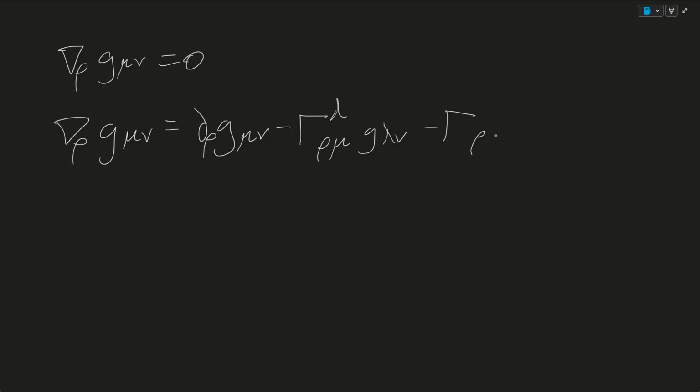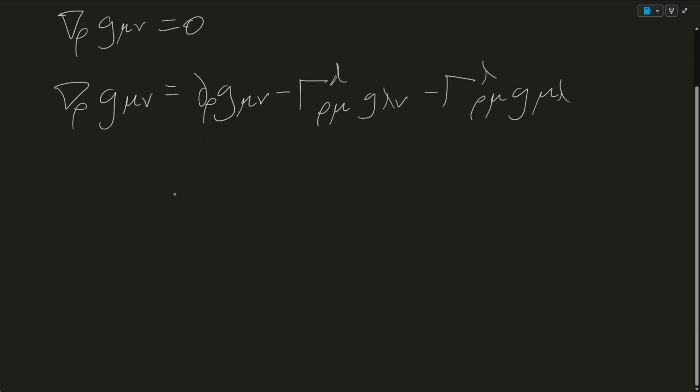Actually, it's the same symbol, gamma super lambda, rho nu, g sub mu lambda. So I think it should be slightly more clear that this g is not a subscript, but I think it's fairly obvious if you know what's going on. Anyway, well, we know this is 0.